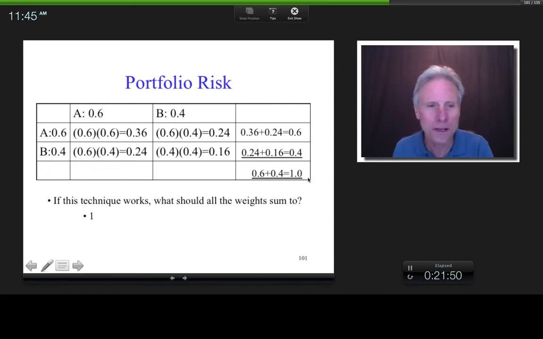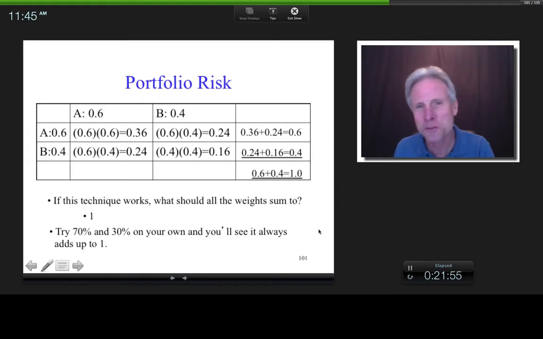So this is going to work out every time. You could put 70% here and 30% there, and you'll see it always adds up to 1. Hey, great idea. Why don't you just pause right now, or as soon as you get home, or next break, try it a bunch of times. Sounds exciting, right? In any case, that's how you get the weights of a two-dimensional matrix.